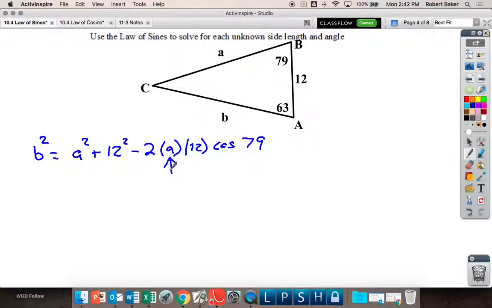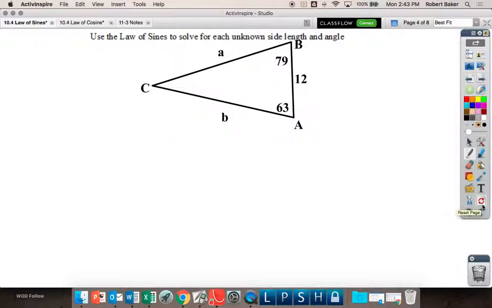Now, who in their right mind would want to try and FOIL that out and factor that? Me. Nobody. Obviously. That's not good. So in this scenario, I would really like to use the law of sines to solve for a missing side length. How many angles do we have there?